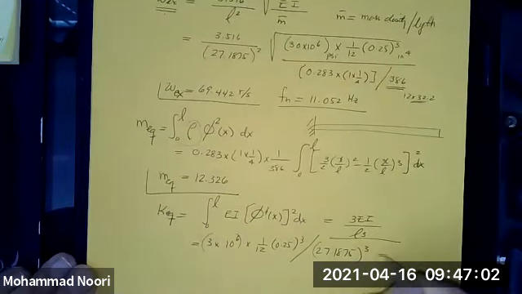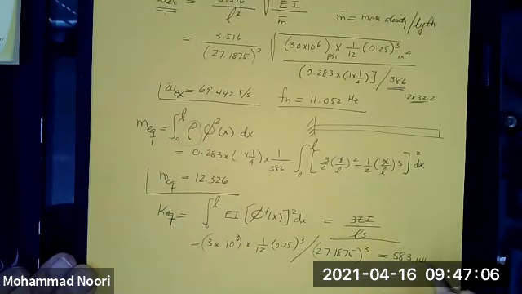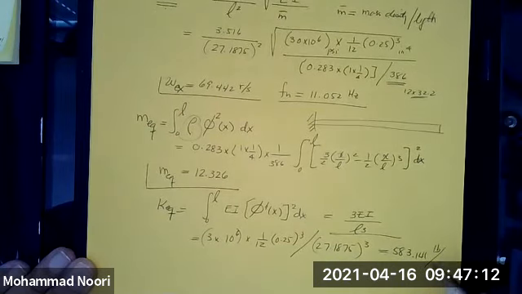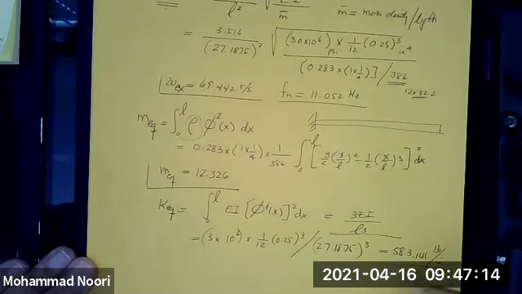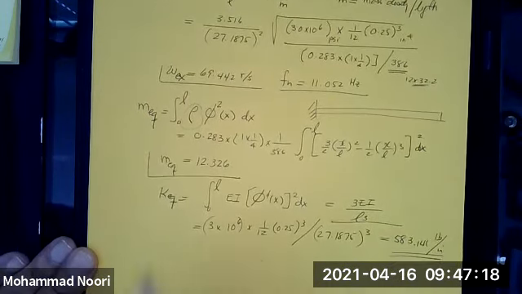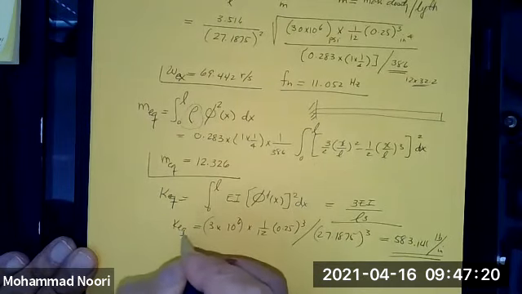This comes out to be 583.141 pounds per inch. So this is K equivalent.